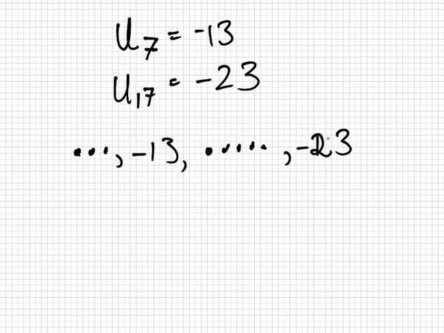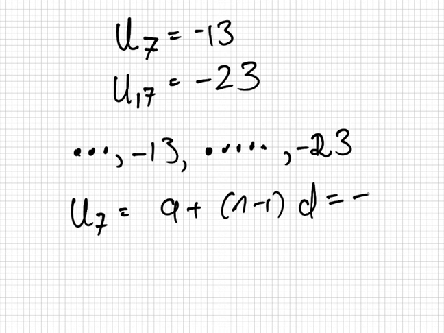But that's enough information. You only need to know two terms, and you can work out what the A was and what the D was. So again, it's using the same formula. We say U7, that's A plus n minus 1D. That's to equal minus 13. But we know what the n is at least. It's 7.